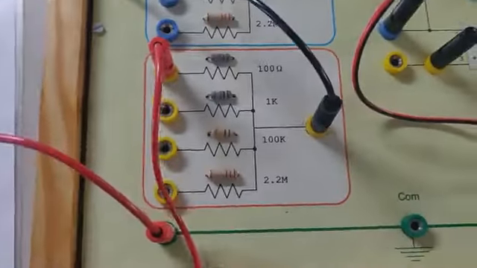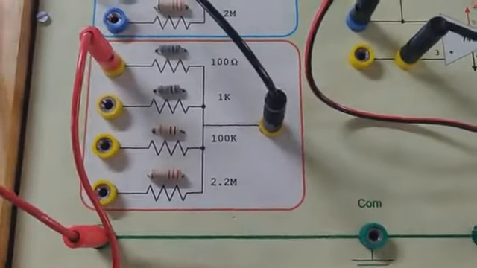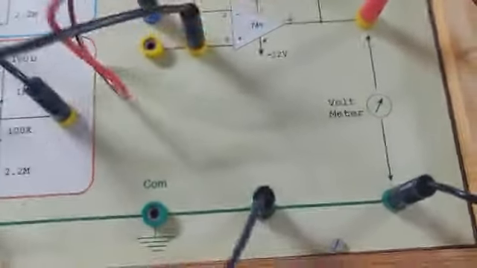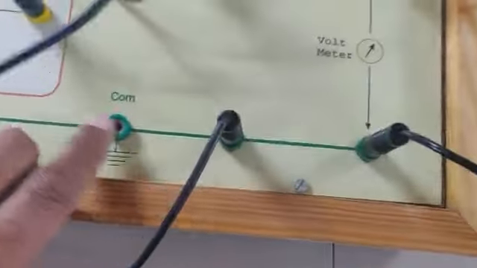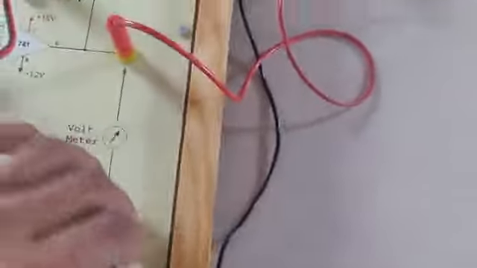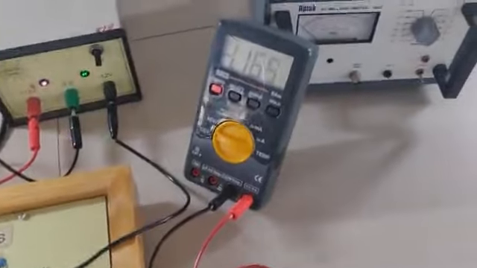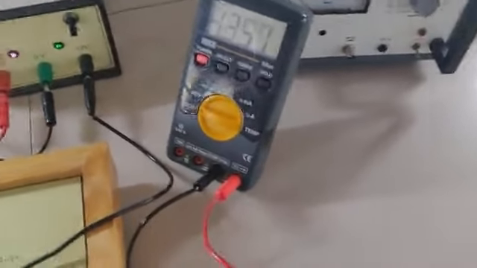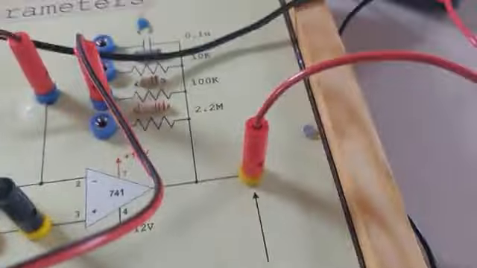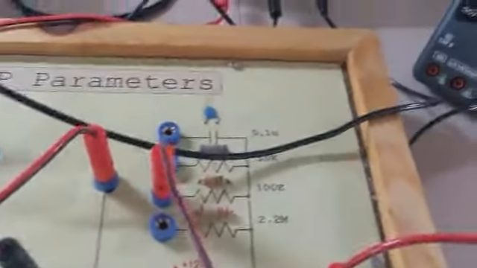Another terminal, pin number 3, is grounded directly to the green line, that is called the common terminal. And the output is connected to the digital voltmeter. This is the positive terminal of the voltmeter. This is the negative terminal. So pin number 6 is utilized for the output of this op-amp.